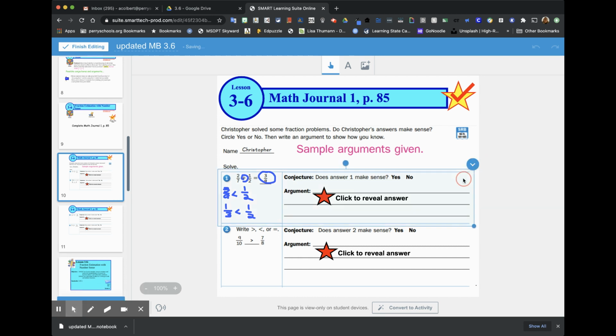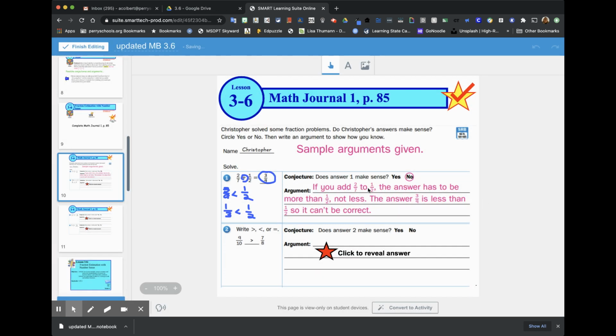Let's take a look and see what they stated as well. The answer is no, because if you add 2/7 to 1/2, the answer has to be more than 1/2, not less. The answer 3/9 is less than 1/2, so it can't be correct. This right here would be my work, this is my thinking, and this is my statement. So your job now is to think and look at these. He says that 9/10 is greater than 7/8.